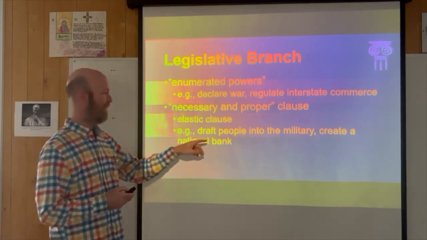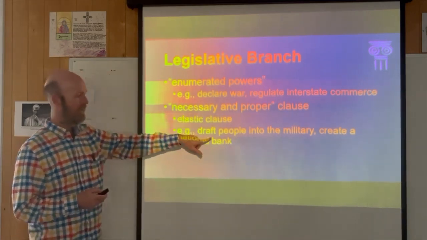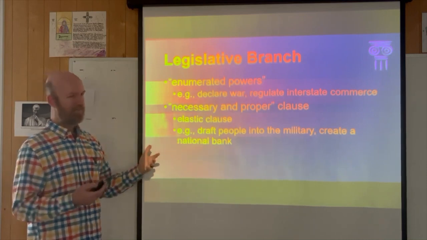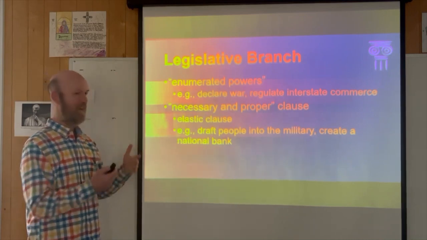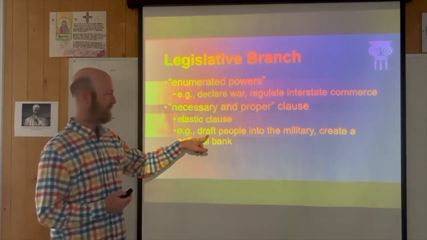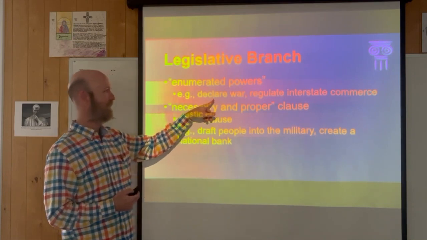So some of the examples are the ability to draft people in the military. When the military first created the draft, courts had to decide, are people required to sign up for the draft, and do they have to serve if drafted? And this was considered necessary and proper for the enumerated power of declaring war.